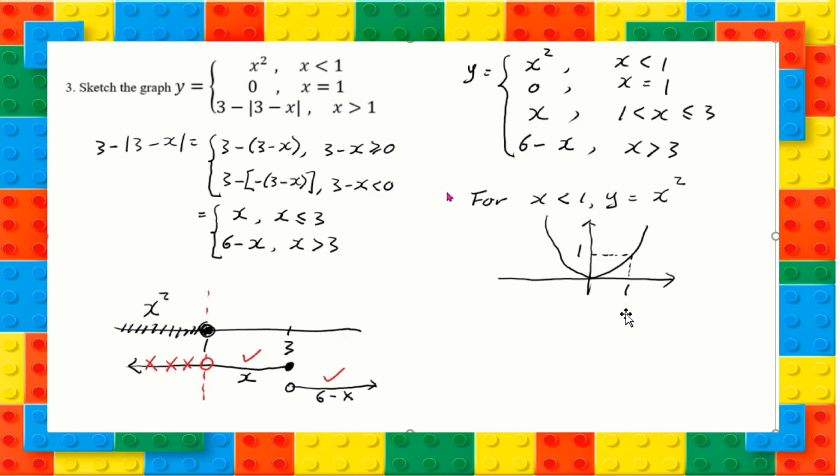When x is equal to 1, y is 1, and x equals 1 is not included, so this is the region we are going to take. Then we go to the second one, when x is equal to 1, y is equal to 0. This is a coordinate point. So we need to mark this coordinate point when x is 1, y is equal to 0.